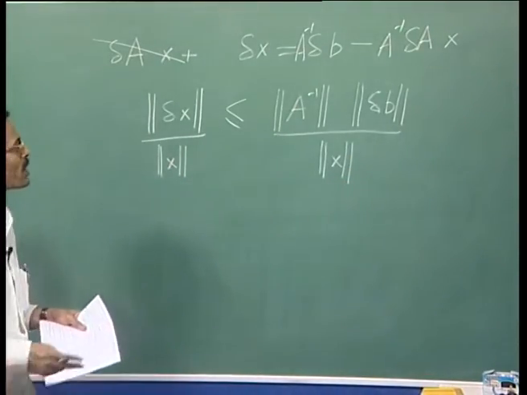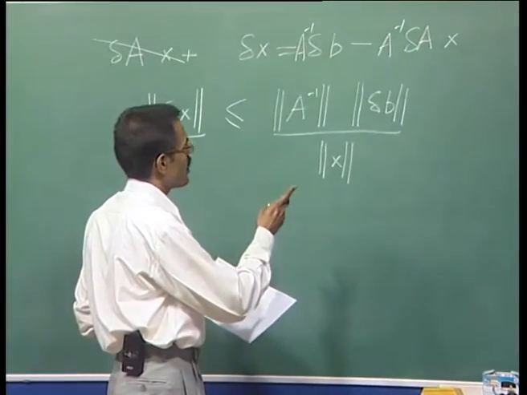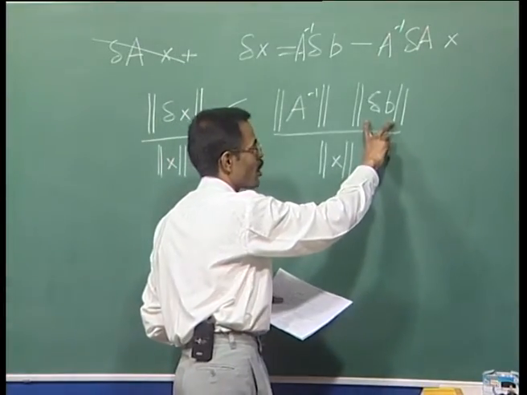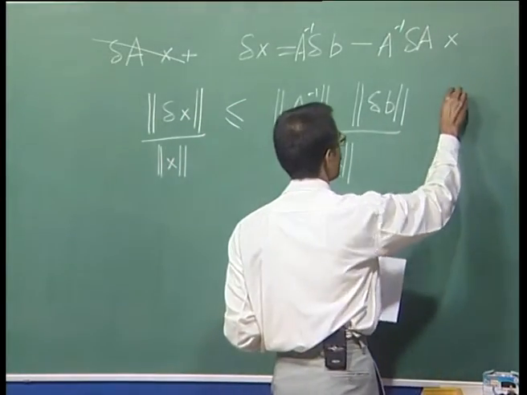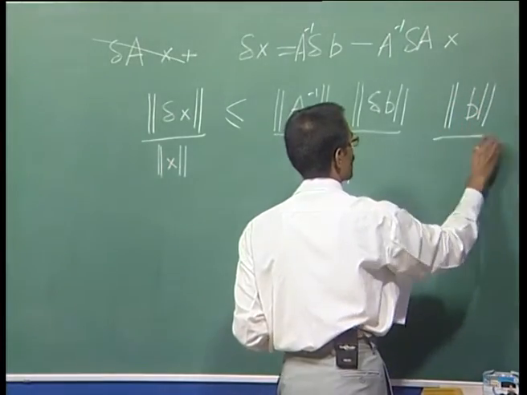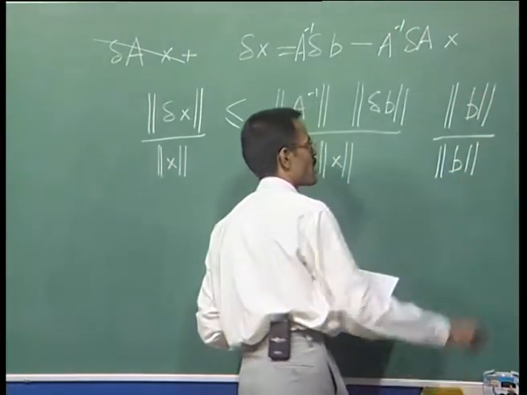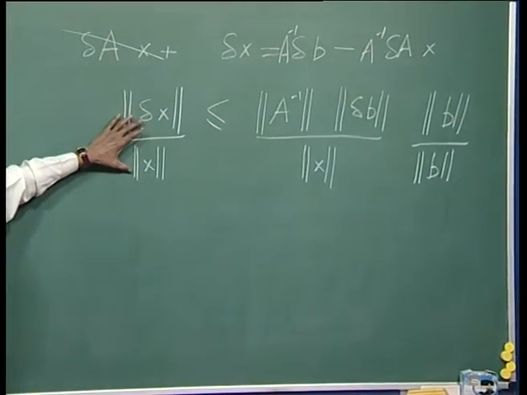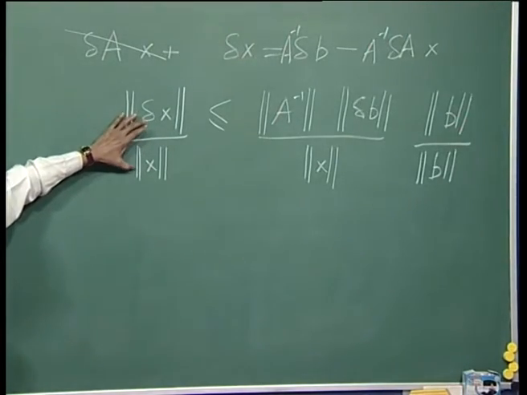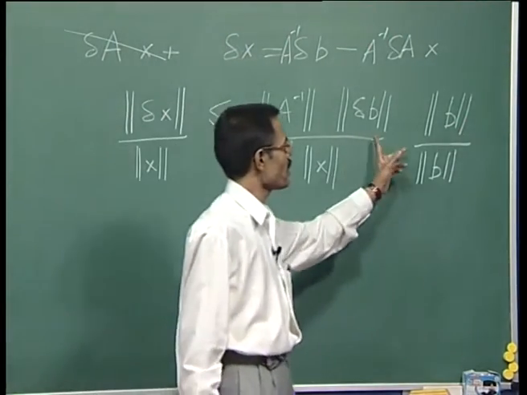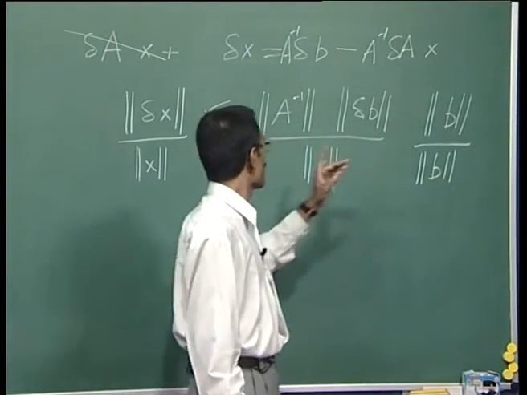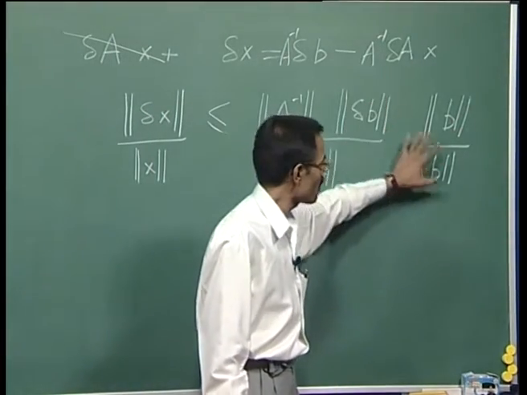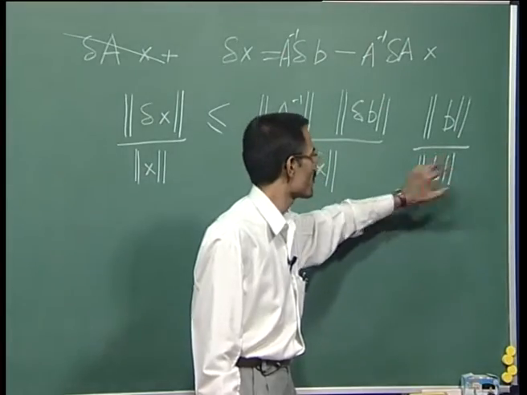Now, what we do? We consider the division and multiplication by norm of delta b, sorry, norm of b, like this, right. Our intention is to compare the fractional change, fractional error in x to the fractional error in the data, that is b. So, we will compare norm of delta x by norm of x with norm of delta b by norm of b. This is our intention, right.